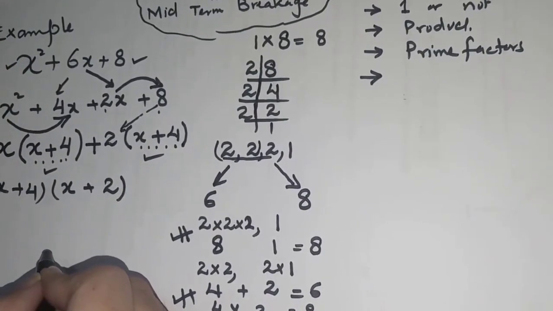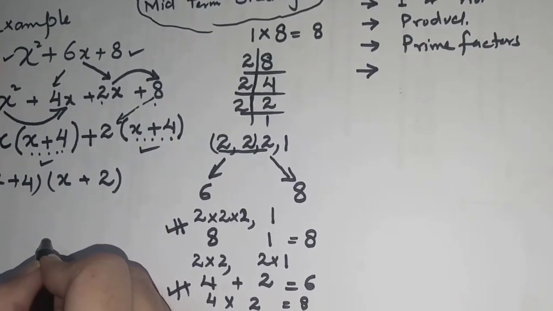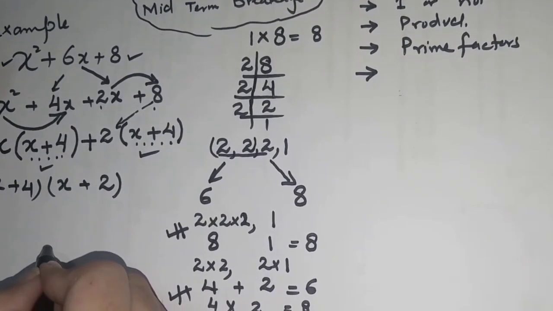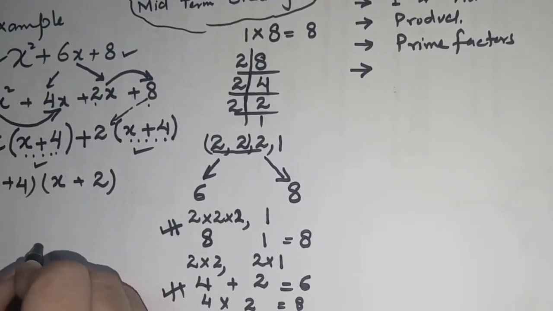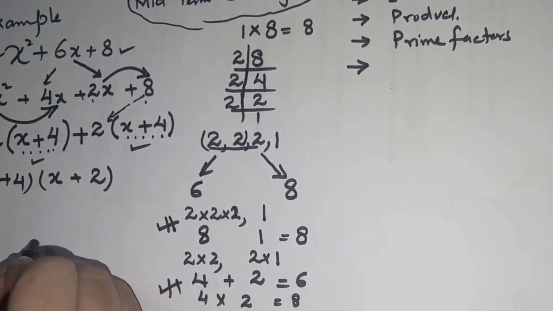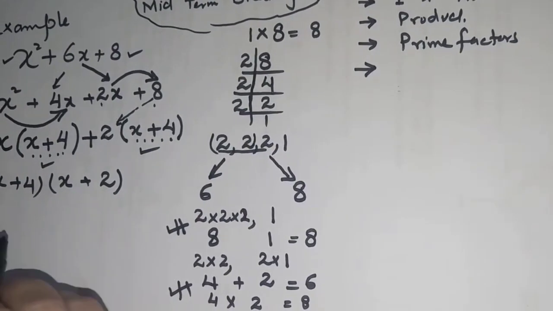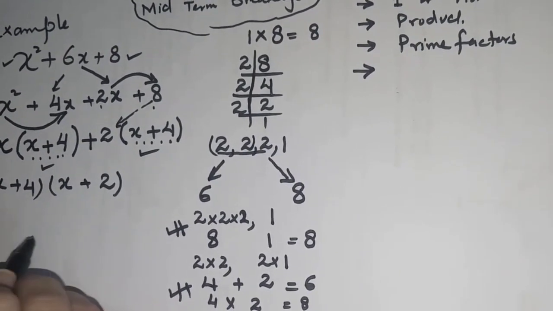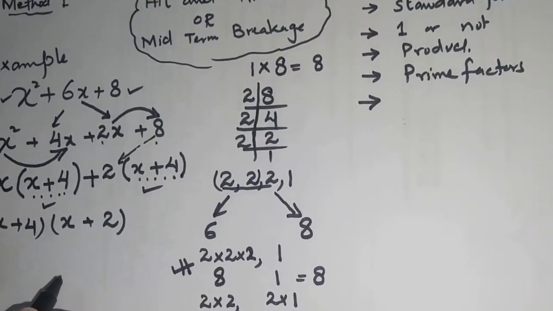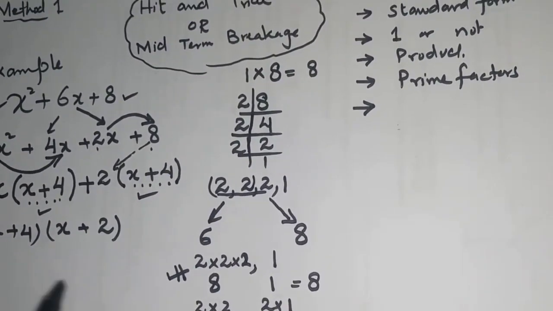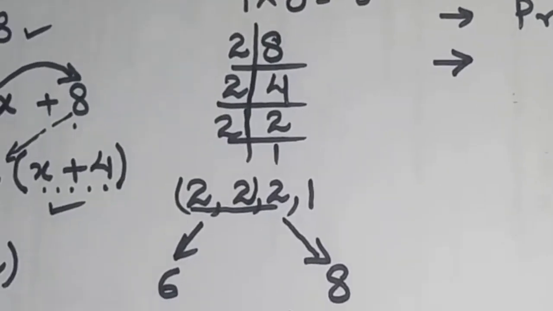Whenever you are solving a question by factorization, you must leave your last step in the form of the product of two brackets. Through this discussion, I hope you understand the hit and trial method, and now you are clear about this method and you can apply it on the next exercise clearly.